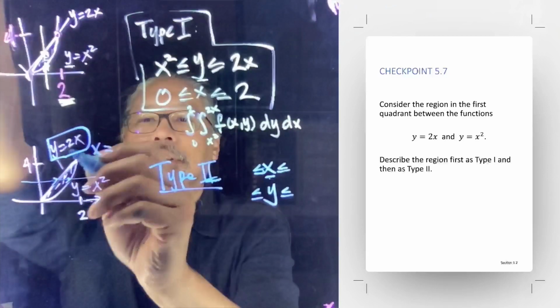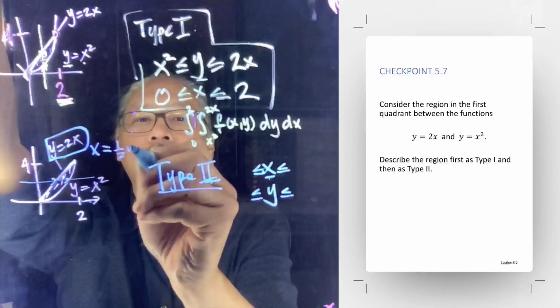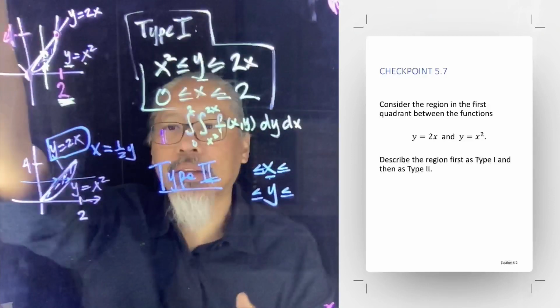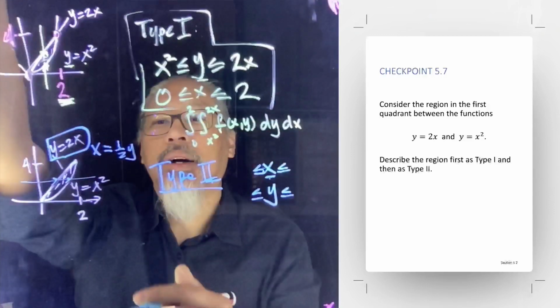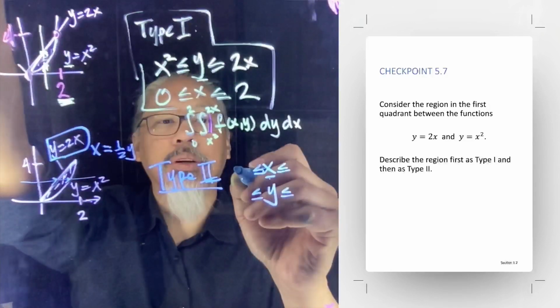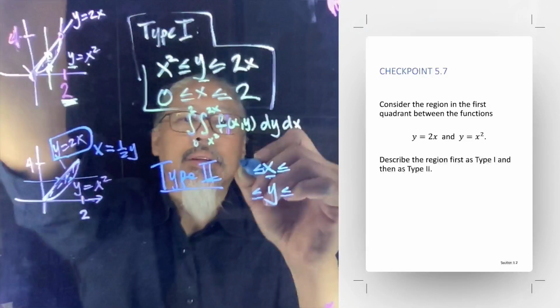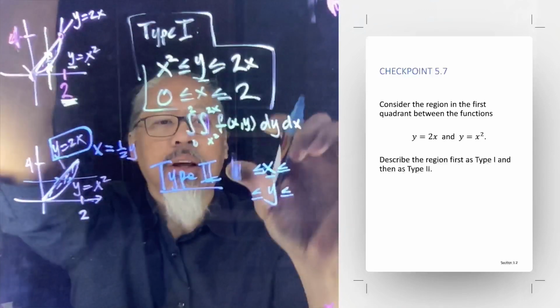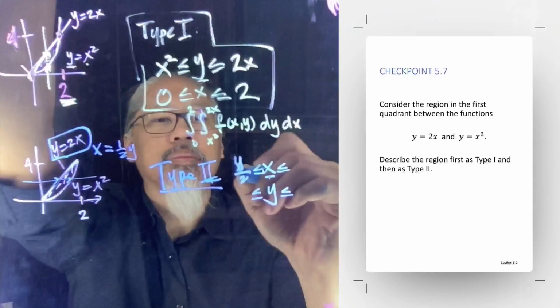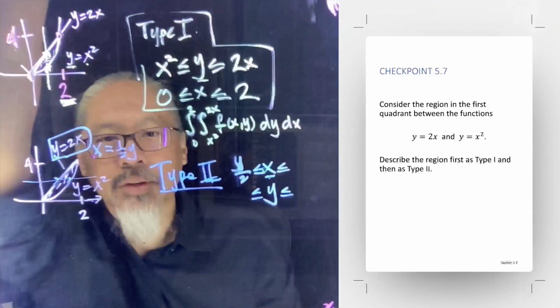So if you solve for x, this is going to be 1/2 y, and that is the x value function that you're going to need to get into the region. So this will be your lower limit, y over 2.